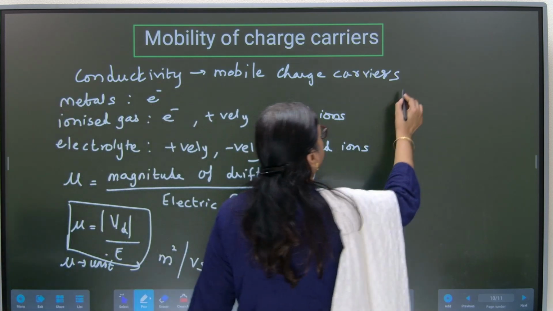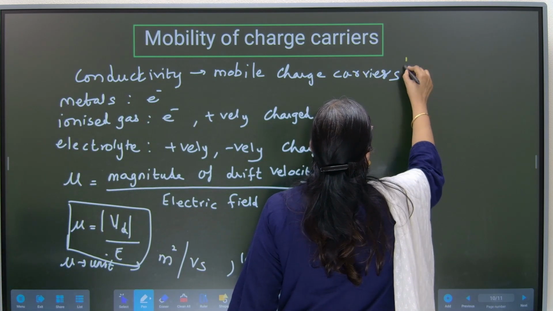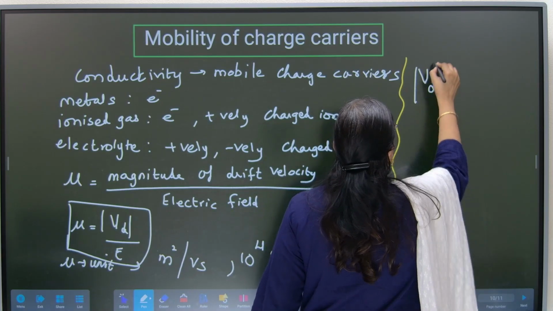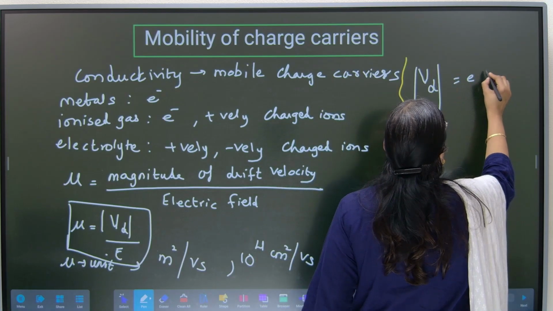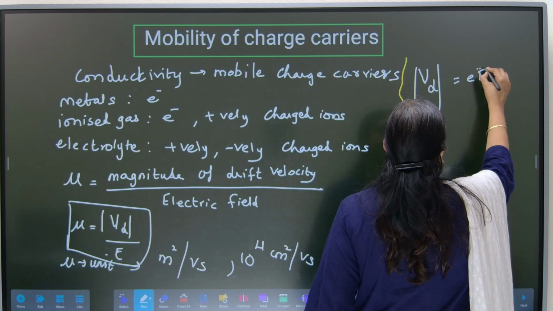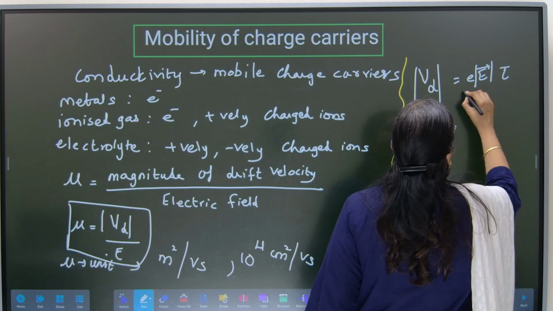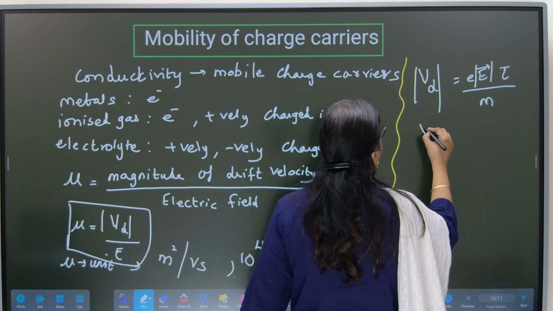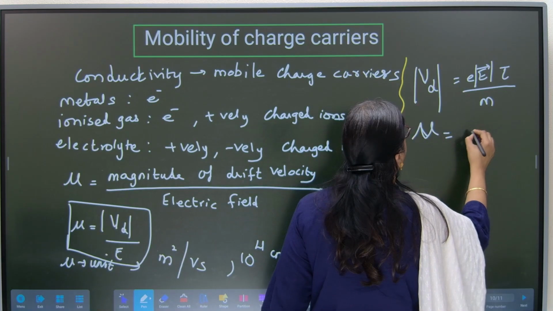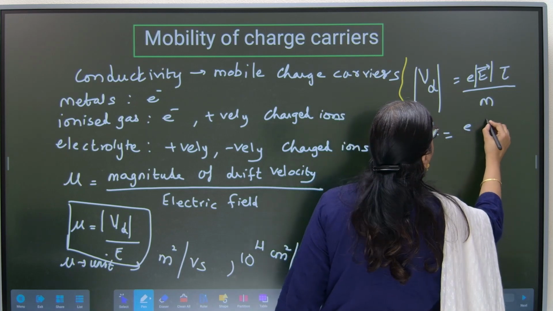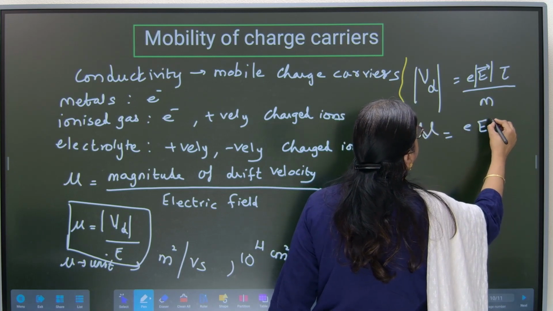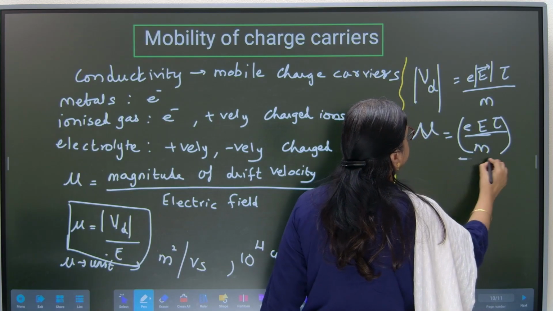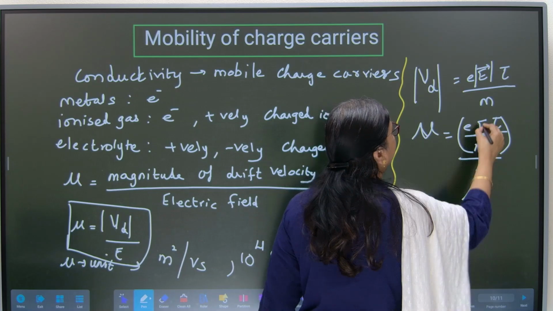But we have learned the formula of Vd in the very first page of this video, which is given as E tau upon m. Let us substitute Vd in the formula of mobility such that we get E tau upon m divided by E. E cancels.